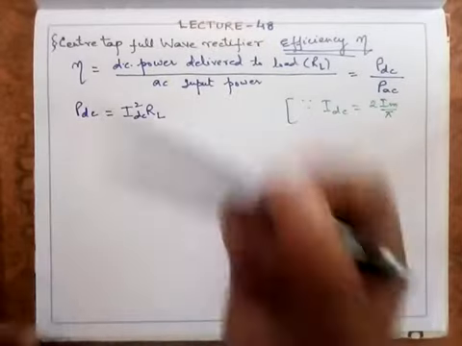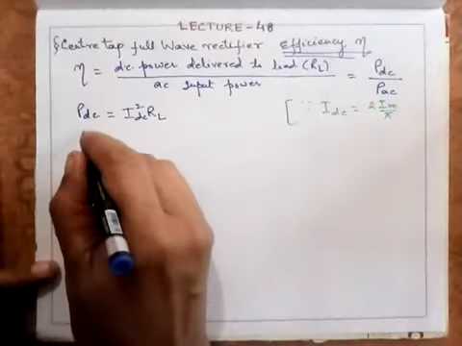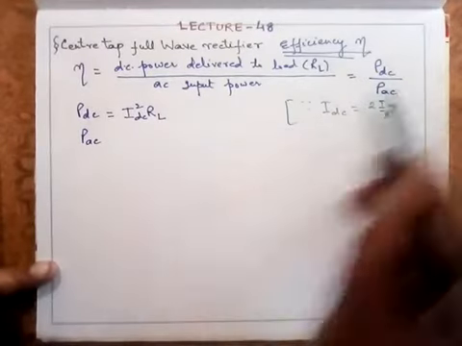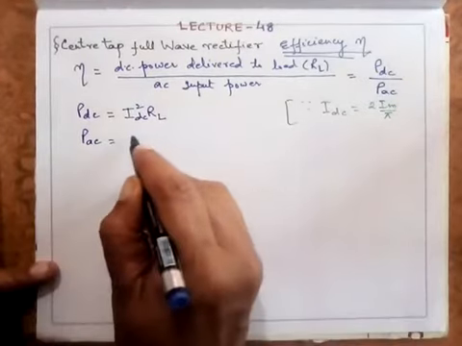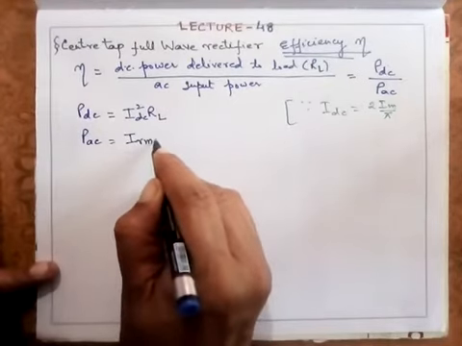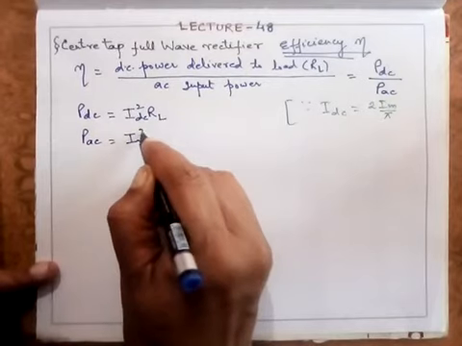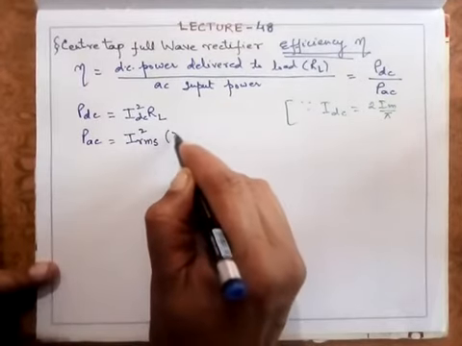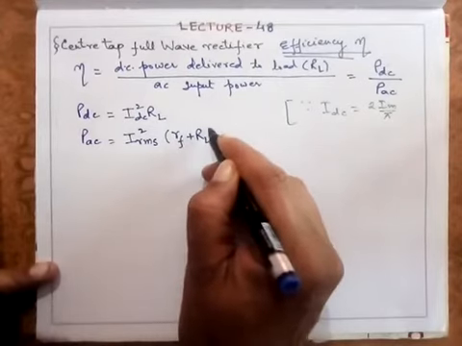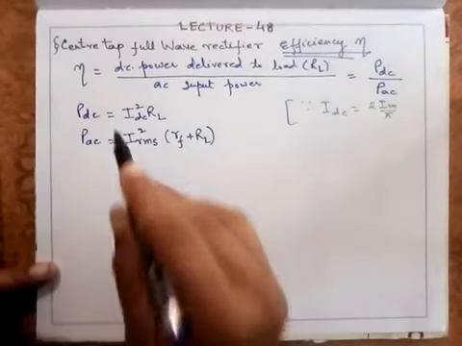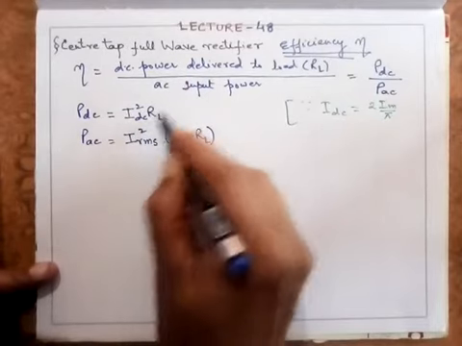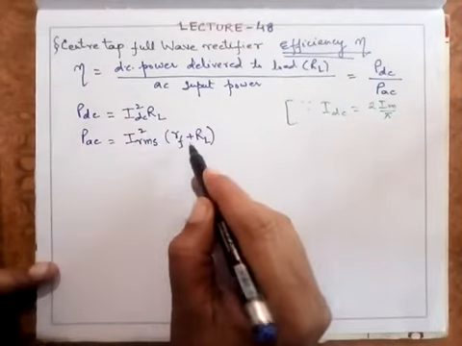And of course I find the value of PAC. I am interested in this PDC and PAC. For AC, always remember that we use the RMS value along with Rf and RL, so it is IRMS square into Rf plus RL. P is equal to I square R: simply IDC square into RL and IRMS square into Rf plus RL.